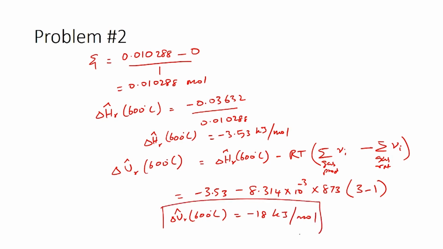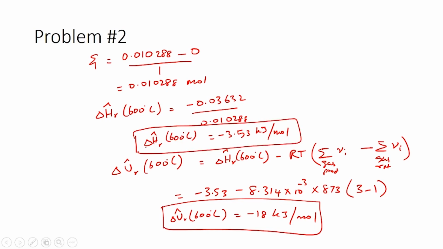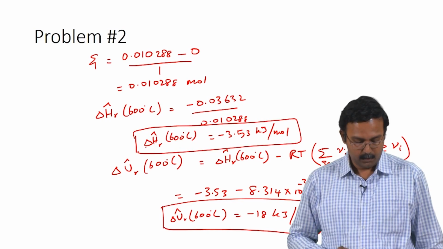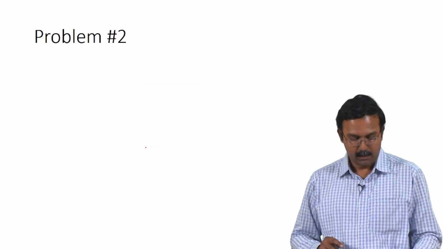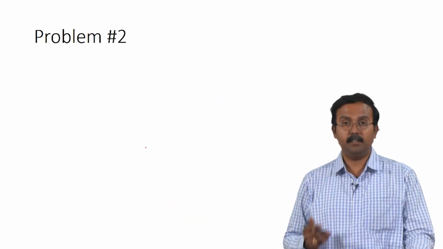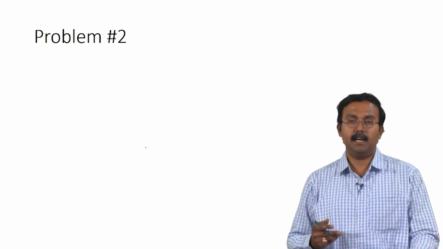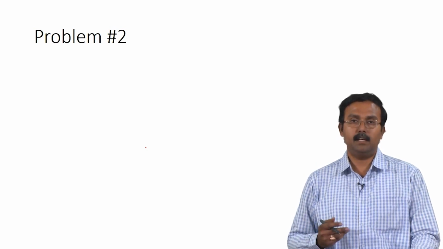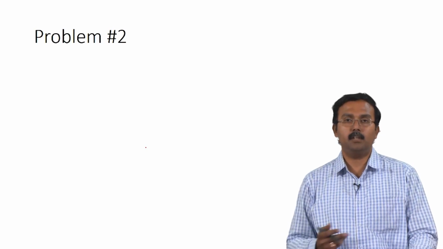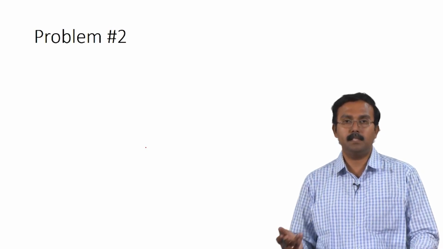So, you have calculated delta HR and delta UR for the 600 degrees Celsius condition. The next step is to identify the standard heat of reaction. How would we find it? We can get it using the heats of formation for the compounds present in the reaction.